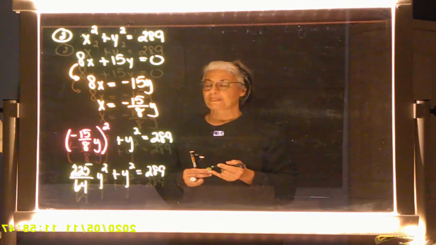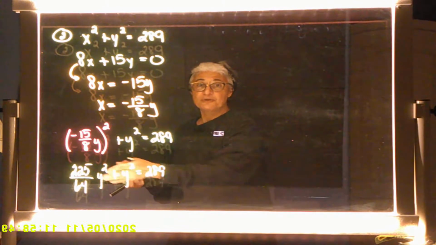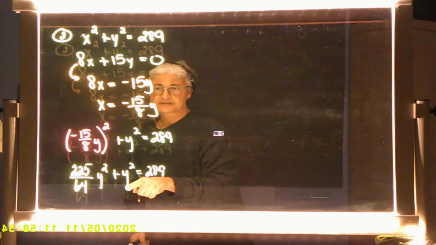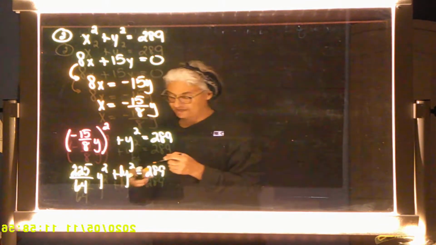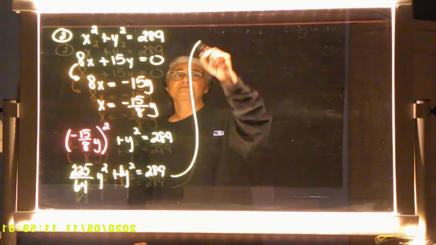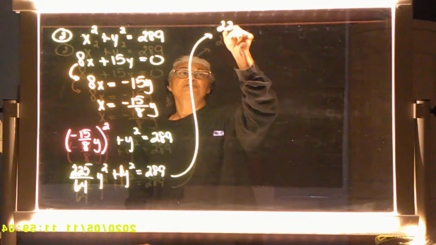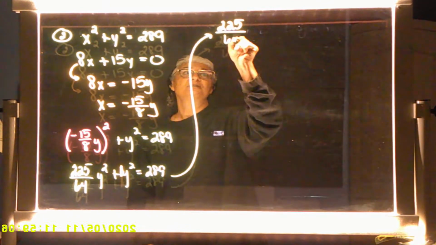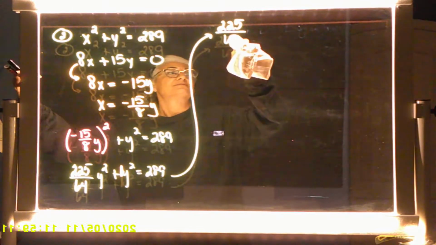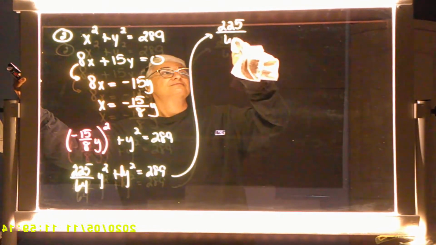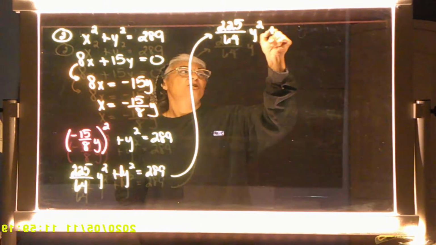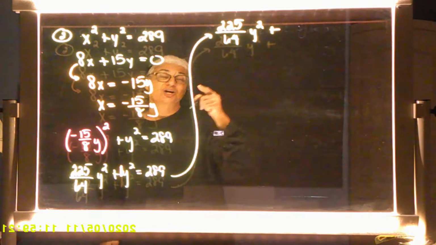Agreed? Okay. Hey, gratefully I have both y squareds here. What's the number in front of this second y squared? Yeah, that's a 1. So I'm going to have to add these, aren't I? Okay, so let's see if you follow along. So I have 225 over 64 y squared plus, yeah, I'm going to need a common denominator.